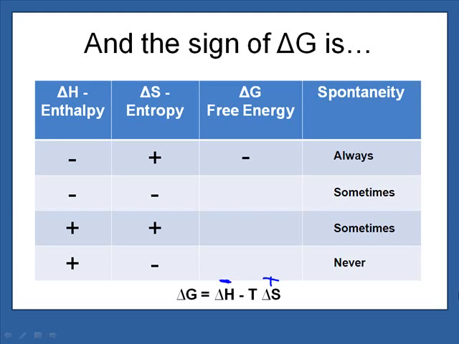Right? We could do the same thing. If I have a positive delta H minus a negative delta S, that means a positive delta G, which gives us never spontaneous.